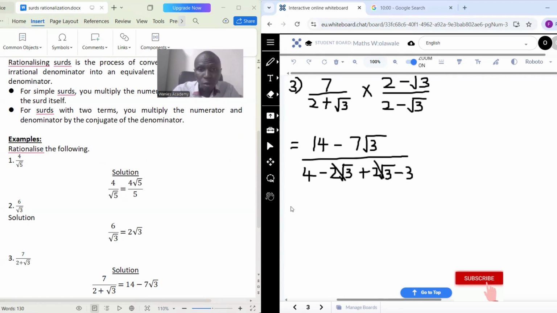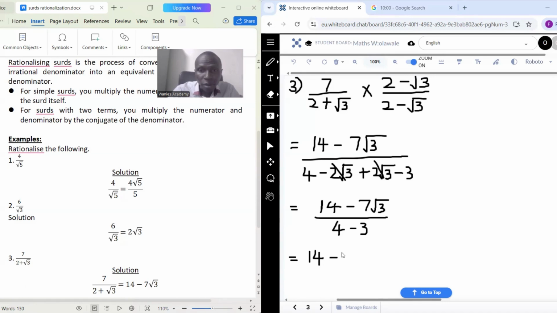So what we have left is 14 minus 7 square root of 3 over 4 minus 3. Of course, 4 minus 3 is 1. So we have 14 minus 7 root 3 over 1, which is still 14 minus 7 square root of 3.